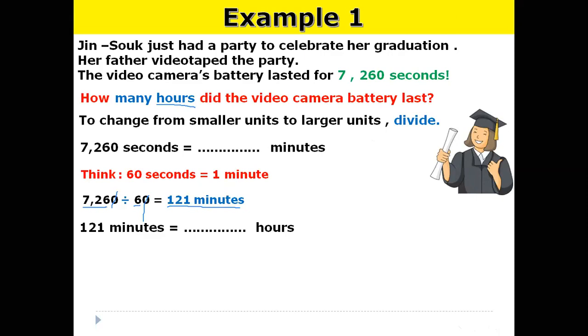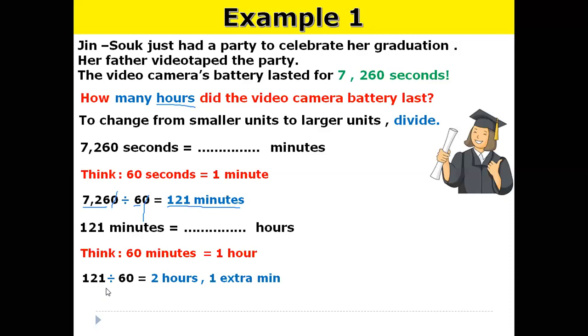So to change the minutes to hours, we divide 121 by 60. There aren't zeros in common to cross out, so we should do long division. When you do long division, you get 2 with a remainder of 1. So this is what you actually get when you divide it.